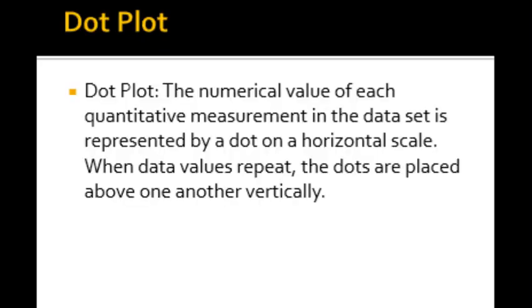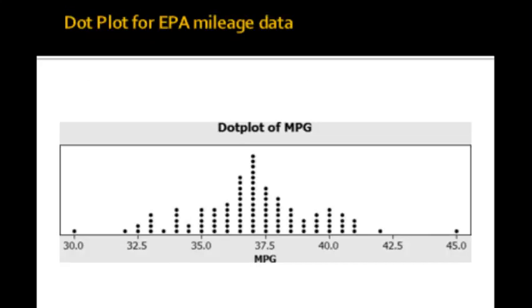The first graphical technique is dot plots. In a dot plot, the numerical value of each measurement in the data set is represented by a dot on a horizontal scale. And if the value repeats, we put another dot vertically above the previous one. So this is what a dot plot looks like for the EPA mileage data.